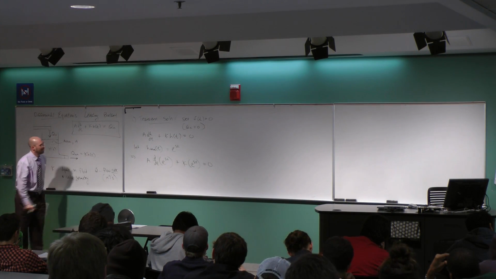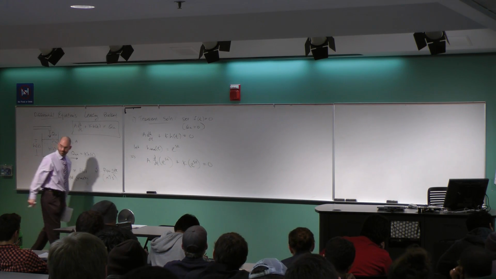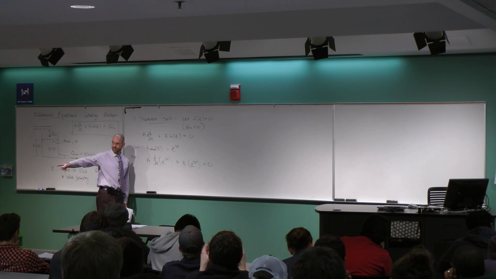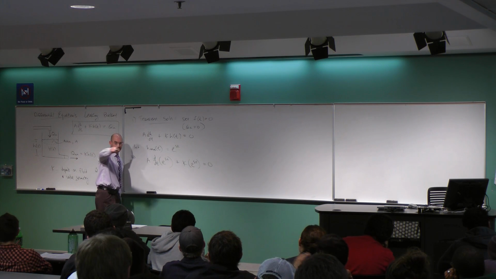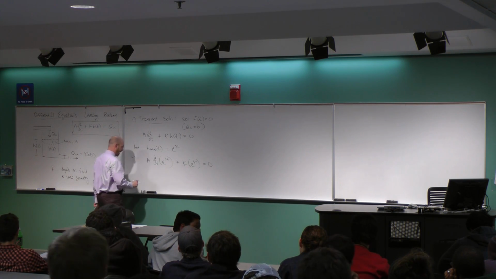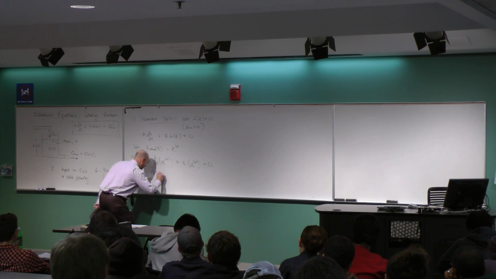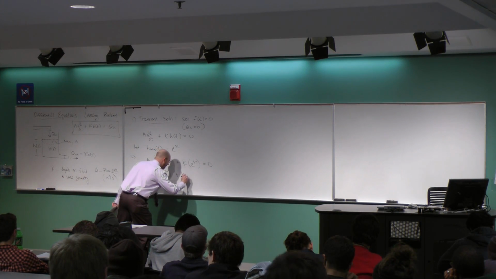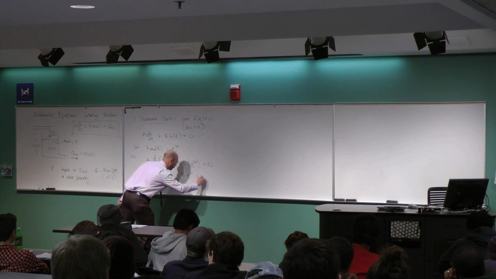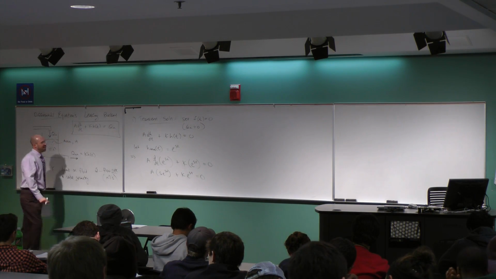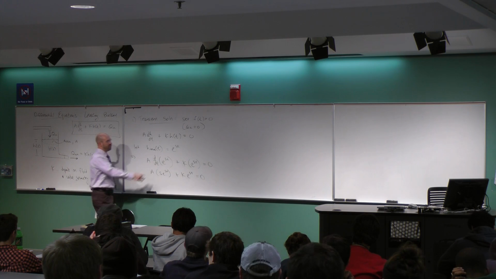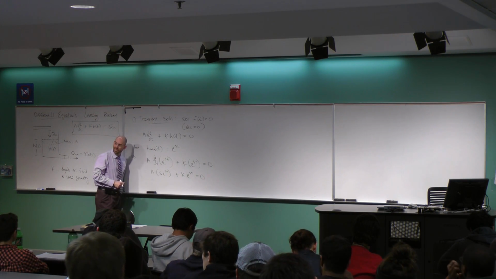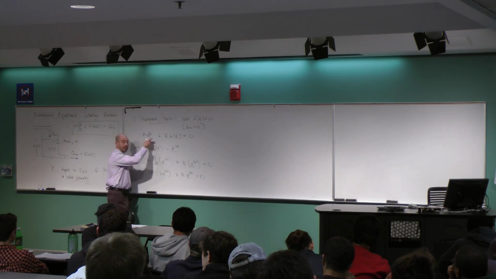Good. So what's the derivative of e to the st? Is it 1 over s? It's just s, right? So what I get here is a s e to the st, plus k e to the st equals 0. And mind you, the whole reason I'm using e to the st is so I can get like terms.